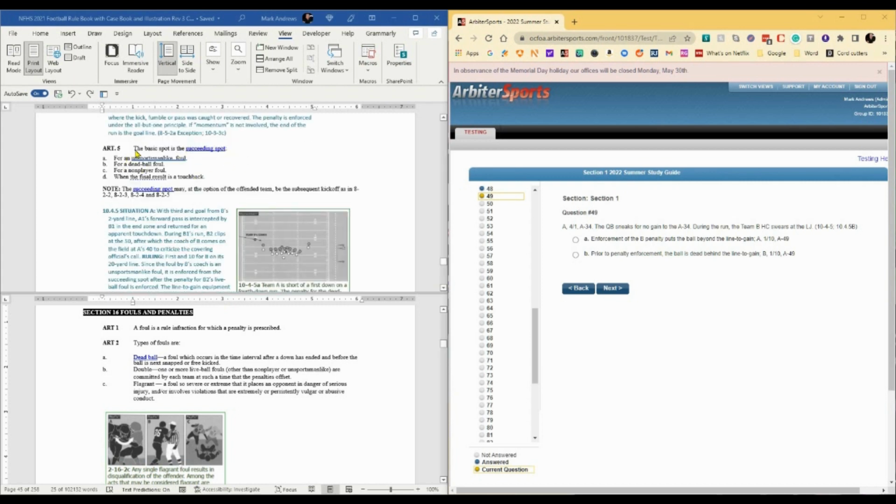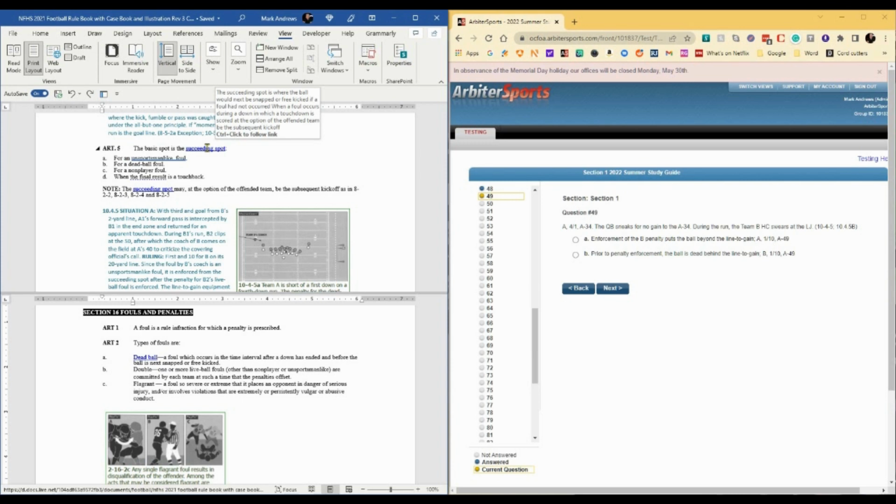The last two questions both involve this rule as well. The basic spot is the succeeding spot for an unsportsmanlike foul. So a succeeding spot is where the ball would next be snapped or free kicked if a foul had not occurred. Now, we're not going to touch the second part because it's what happens when a touchdown occurs, and we haven't had that yet.